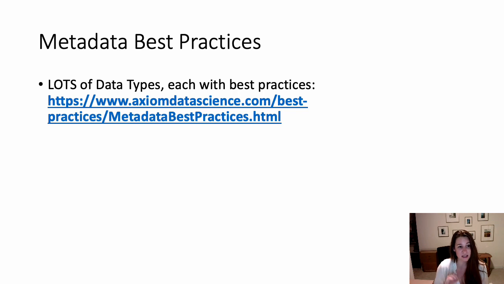Here is a link to some metadata best practices, but I also encourage you to look up the data specifically that you work with a lot and think about the data types, how you're formatting it, and are you doing that in a way that is reproducible and fits with both things that you do in your own lab and things that other people who are using similar data also do.